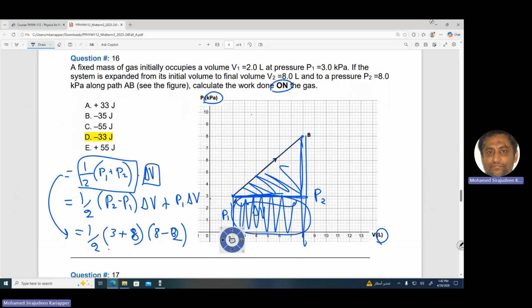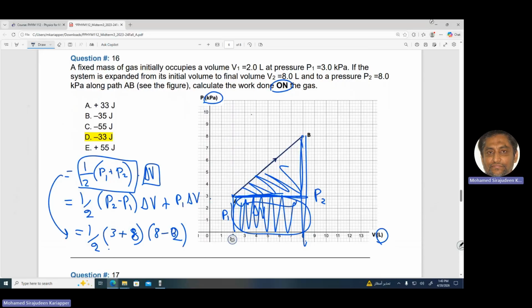So 8 plus 3 is 11. 11 into 6, 66. 66 divided by 2 is 33. So the answer is correct, but that is the absolute value.